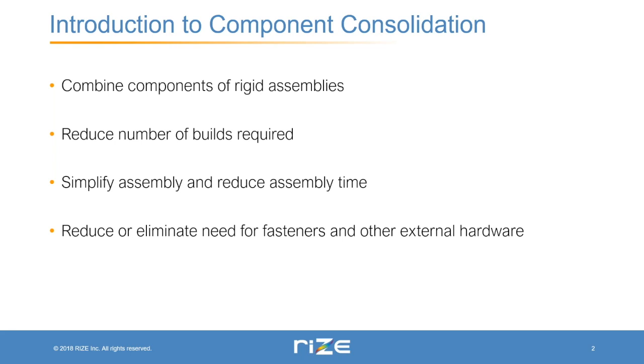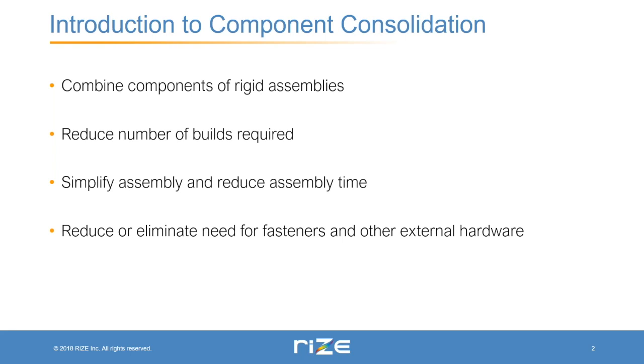So what component consolidation can help you accomplish is, by putting multiple parts into a single build, it reduces the number of builds required to create the full assembly. It also simplifies the assembly process and reduces the amount of time it takes.